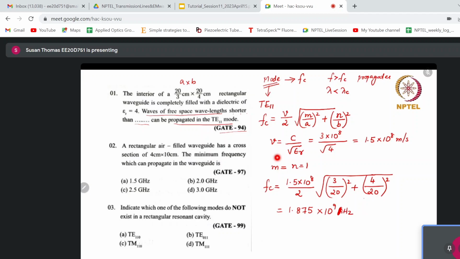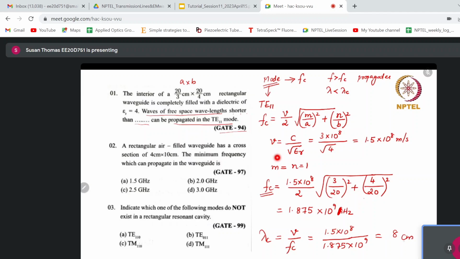Now, you know the cutoff frequency. So, what is the cutoff wavelength? Lambda c is V by fc. So V is 1.5 into 10 power 8 by 1.875 into 10 power 9. The final answer would be 8 centimeters.